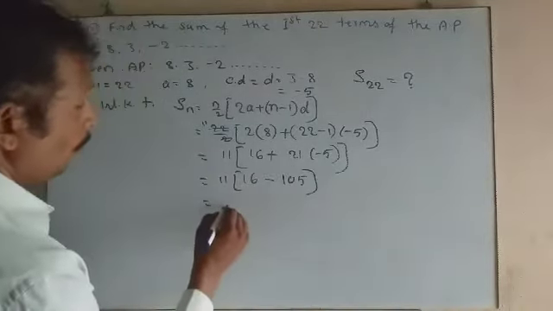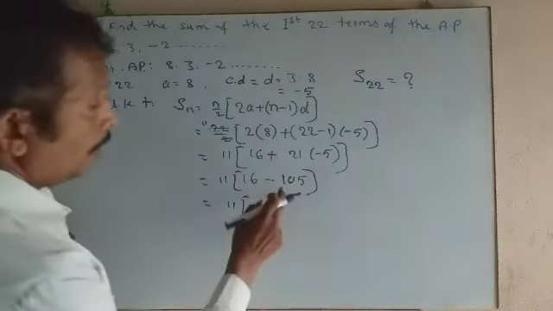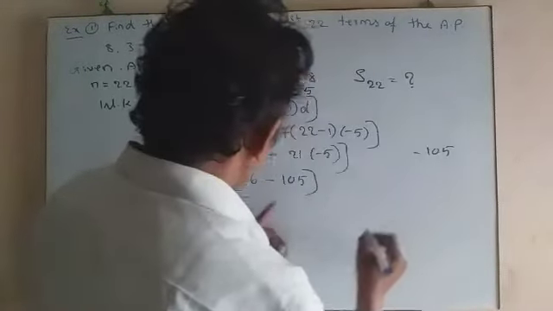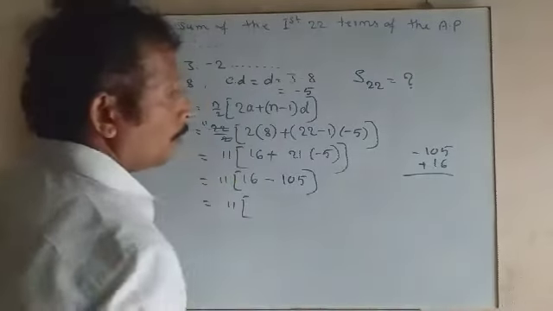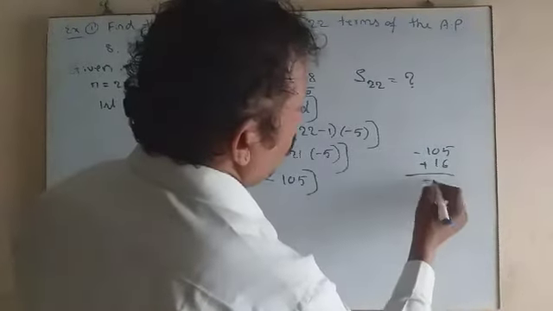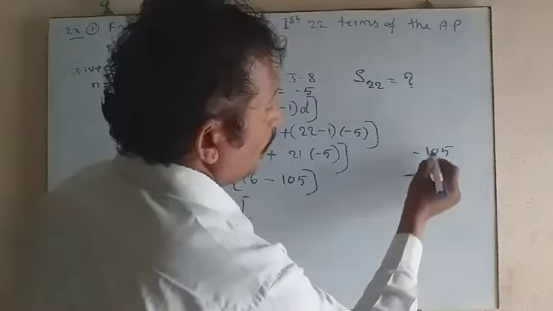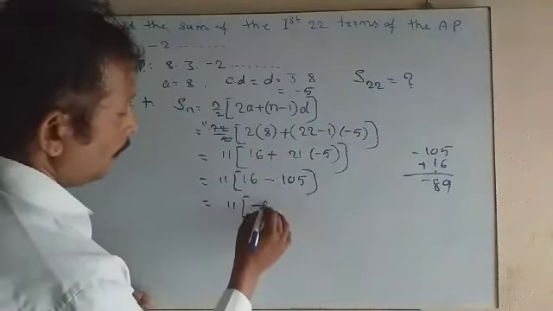That is equal to 11 into bracket, take the difference. 105 is negative, 16 is positive, the negative number is more, so the answer is minus: 105 minus 16 is 89, minus 89.